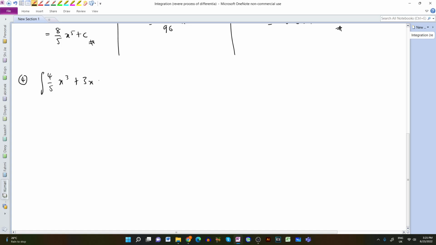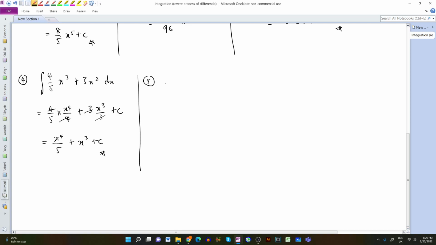Have you learned this in school, this integration? I wasn't in class for this chapter. Okay, all right. For this part, number 4: 4 over 5 x to the power of 4 plus c. This is the answer. Try to copy and understand, and try to do number 5 now.